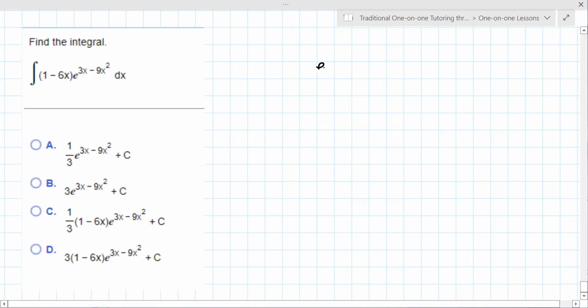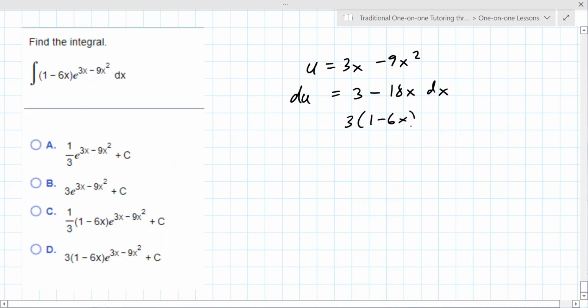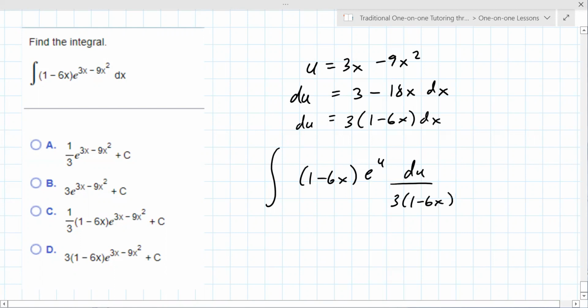But the way we had been doing this before was we let u equal the exponent. And then we found du, which was 3 minus 18x dx. If you factor this, it becomes 1 minus 6x dx. That's somewhat useful for the back substituting. So it's 1 minus 6x e to the u, and instead of dx, you put in du over 3 times 1 minus 6x.